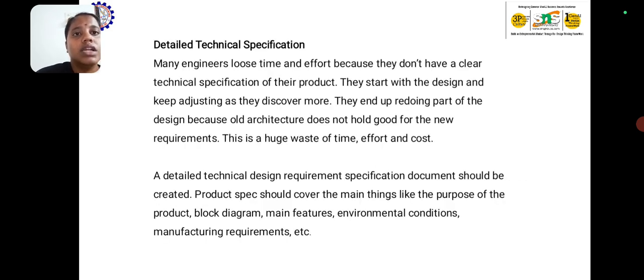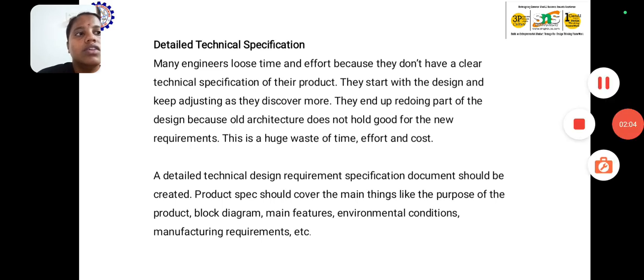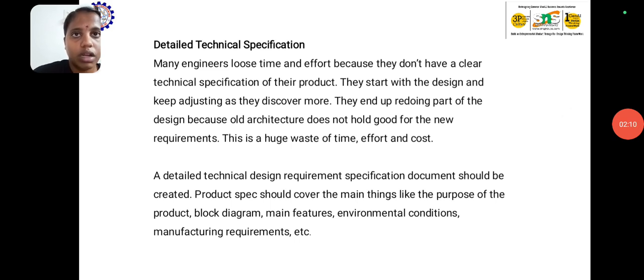Next is the detailed technical specification. Many engineers lose time and effort because they don't have a clear technical specification of their product. They start with the design and keep adjusting as they discover more. They end up redoing part of the design because the old architecture does not hold good for the new requirements.